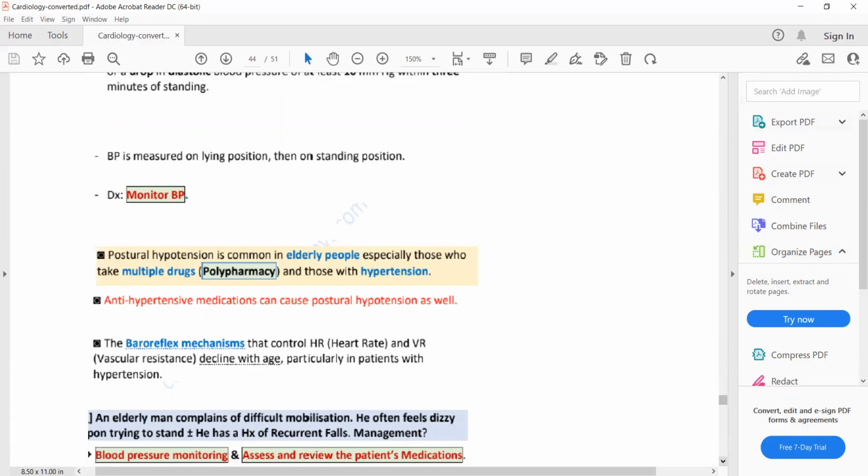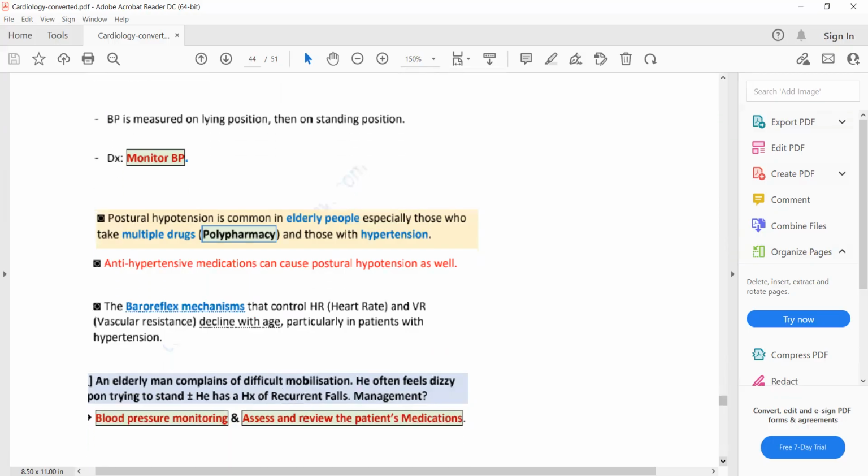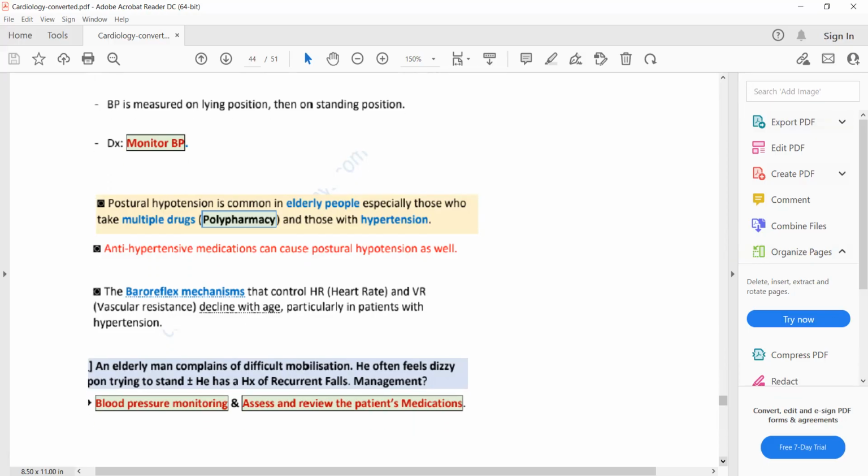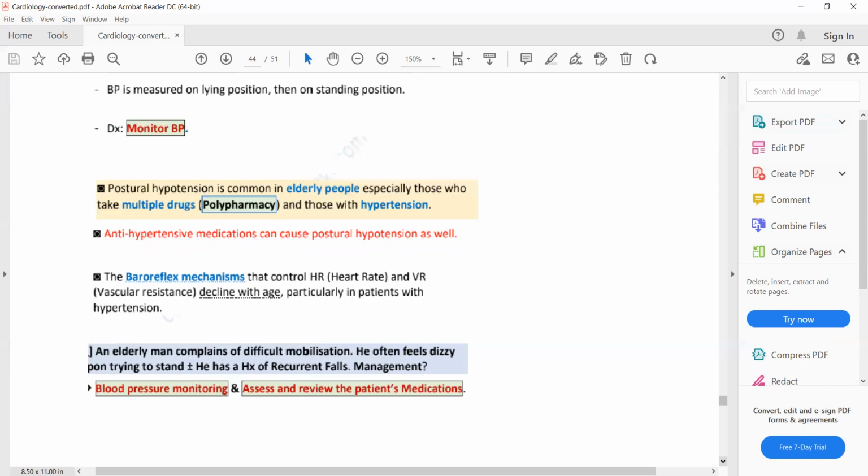So in the PLAB 1 exam, if an elderly person who is taking multiple drugs presents to you with a history of fall, then you will suspect postural hypotension.